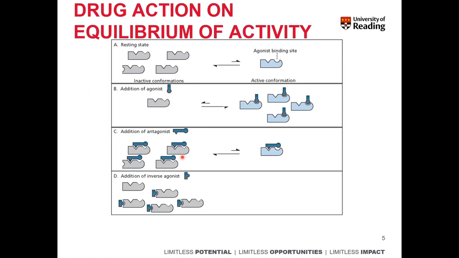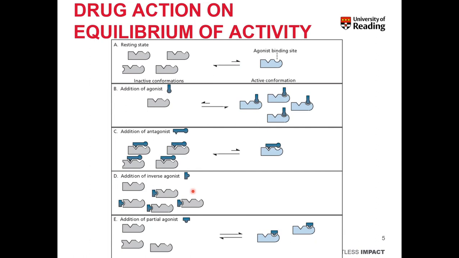Now, if we add an inverse agonist, we completely eliminate the population of active receptors. So we push this equilibrium all the way over to the left, and all of our receptors will be in an inactive conformation.